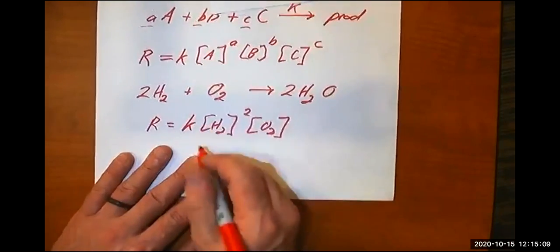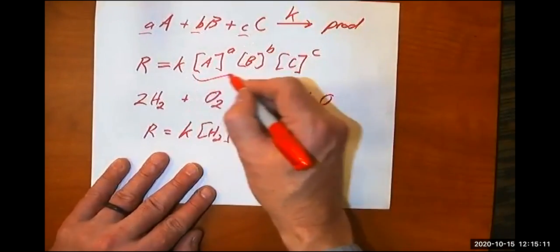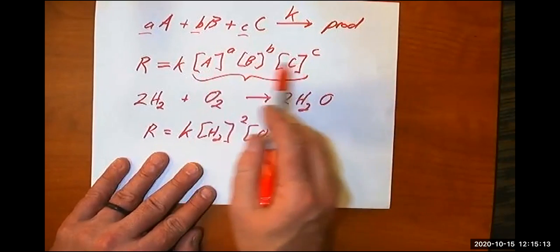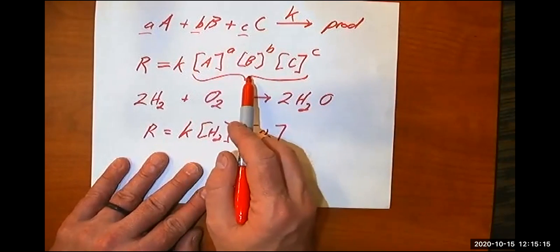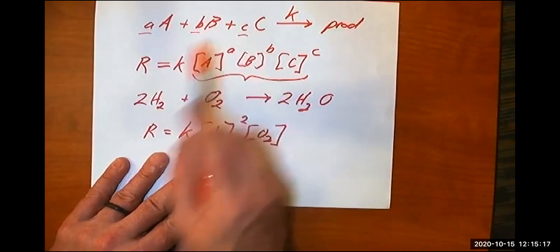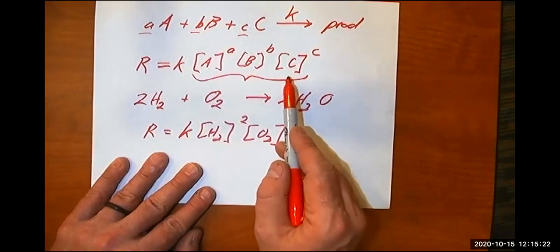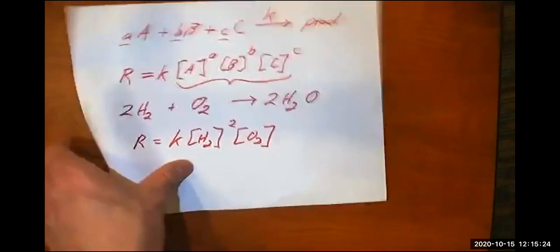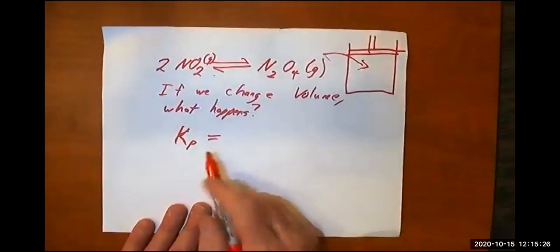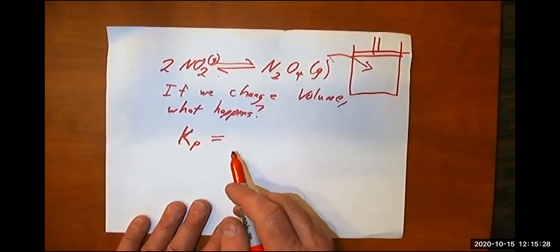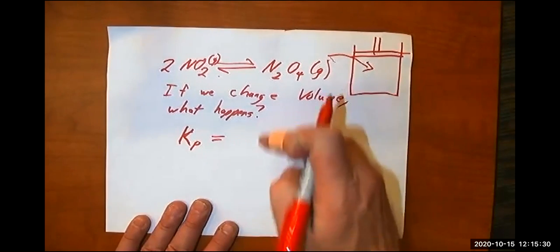What I'm trying to illustrate is that we have an expression that connects the concentrations of all the reactants with their stoichiometric coefficients, where they become the exponents. We do exactly the same thing for the equilibrium constant when we do products over reactants.